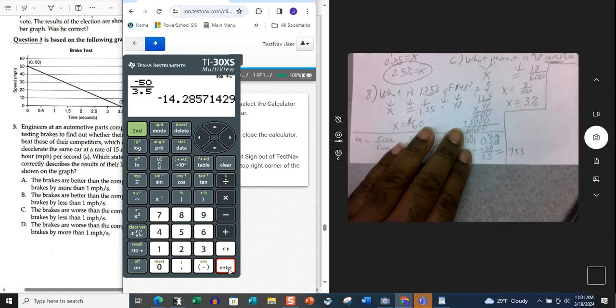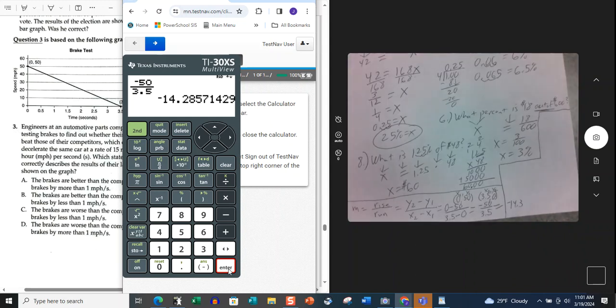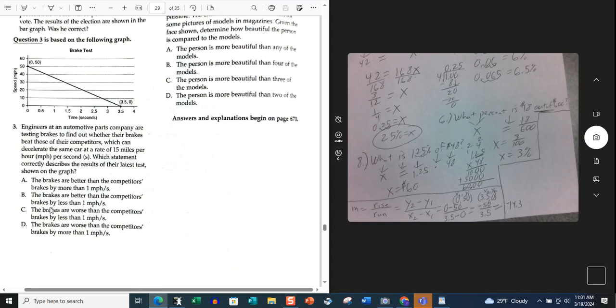Okay, now, we're going to take this knowledge that we have here, and it says here, which statement correctly describes the results of their latest test shown on the graph? The brakes are better than the competitor's brakes by more than 1 mile per hour per second.